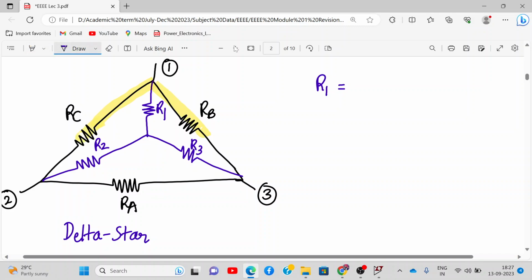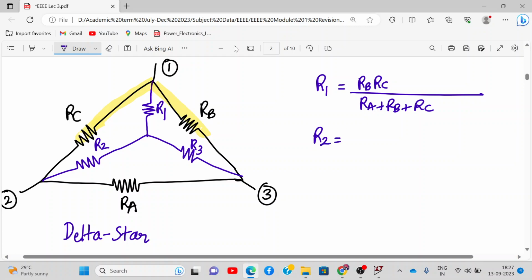So R1 will be RB RC divided by the sum of the pairwise products RC RB plus RB RA plus RA RC. Or rather, you can do this for R2, R3 too. So R1 will be the adjacent resistances, that is RC and RB, multiplied, divided by the total, that is RA plus RB plus RC. Got it?